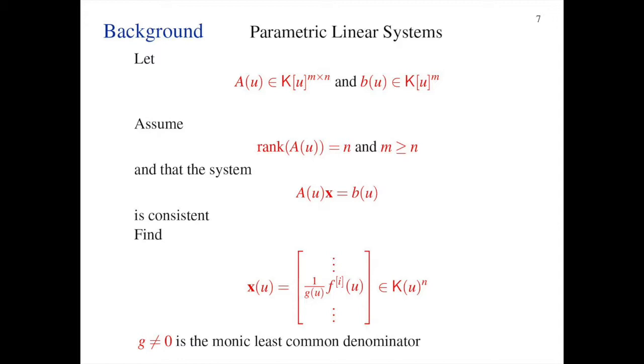And what we want to do is solve for the solution. And the solution we're looking for is the solution with the common denominator G. This is a rational function vector, where you have the common denominator. And the GCD of the polynomials is 1, between F and G. And those are derivatives after the I?